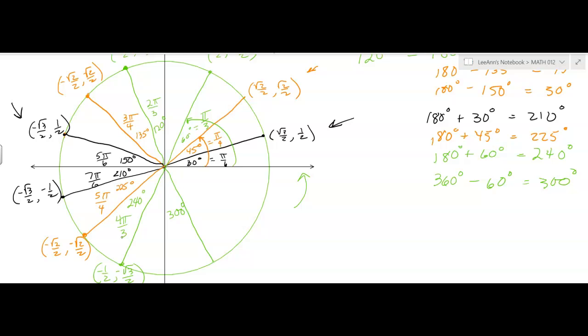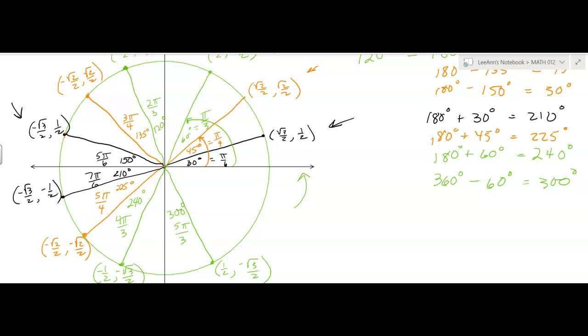And then this one's going to be 300 degrees, and that's going to be 5 pi over 3. And then what are the coordinates going to be? In the fourth quadrant you have a positive x and negative y. So it's going to be 1/2 and negative square root 3 over 2. So positive x, negative y.